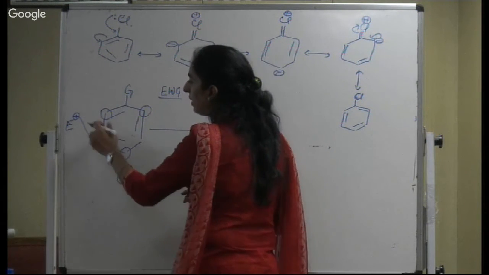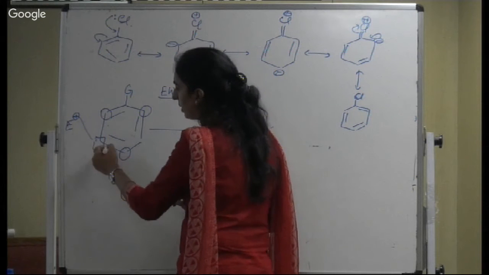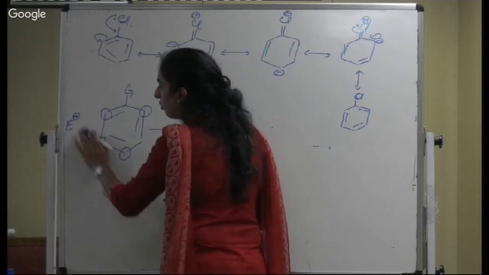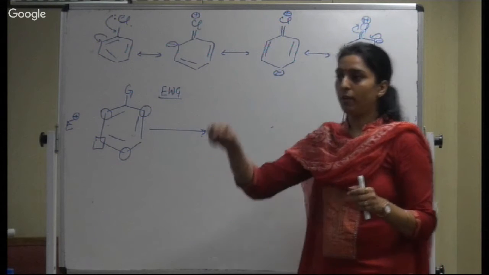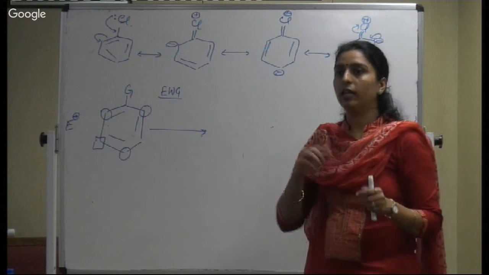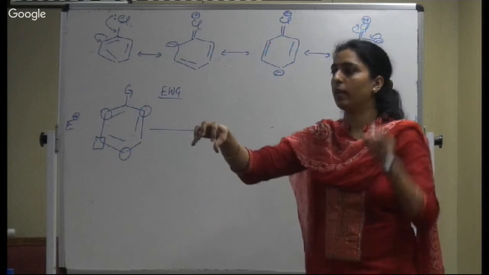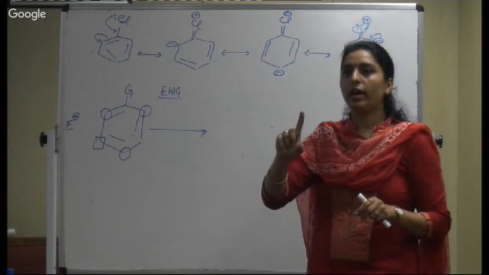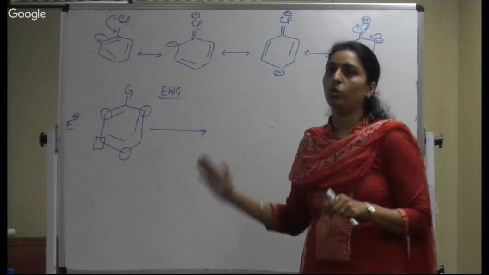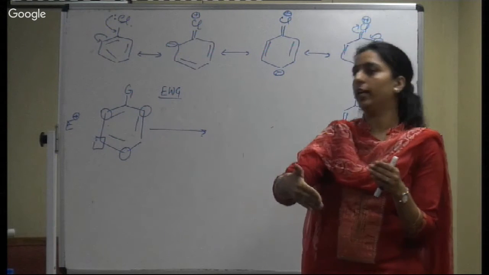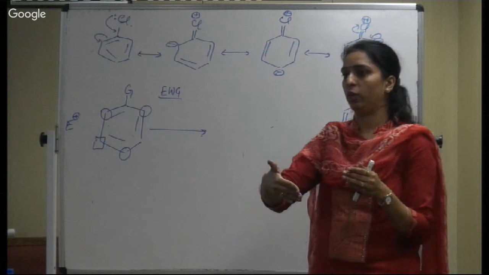The arrow is incorrect because you will have to move like this. So whenever the electrophile comes, it will attack at meta, because in comparison to ortho, meta and para, it will see more density at meta positions only. That is why such groups are called meta directing, because they direct the incoming electrophile to meta.